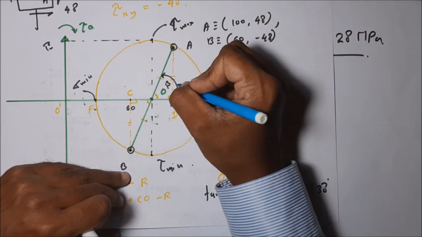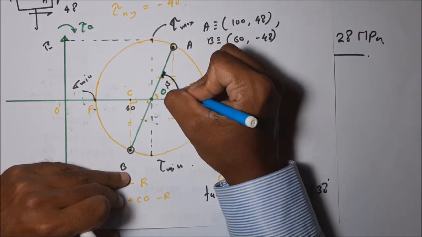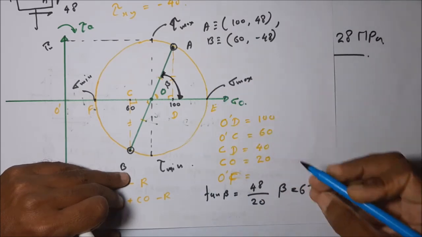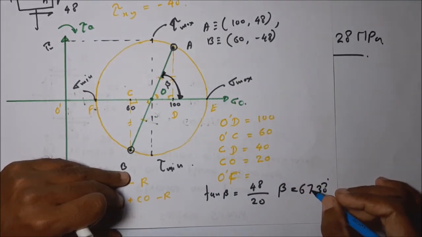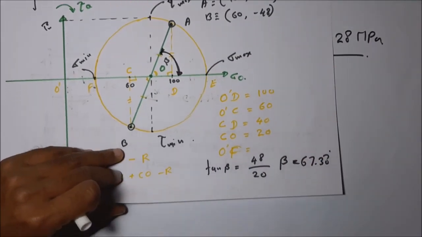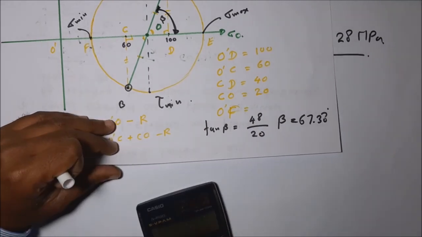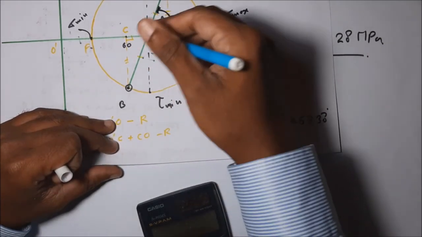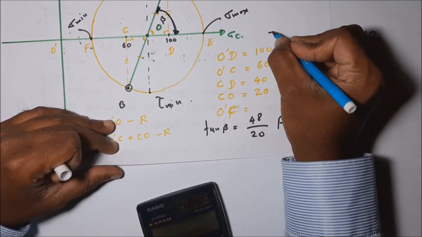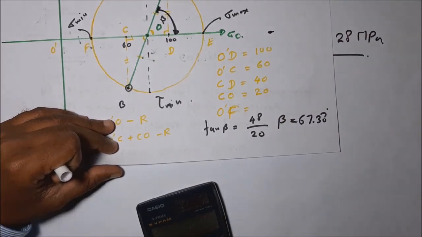Then from the A point, the clockwise direction 67.38. What is the actual angle? The actual angle is half of this value.